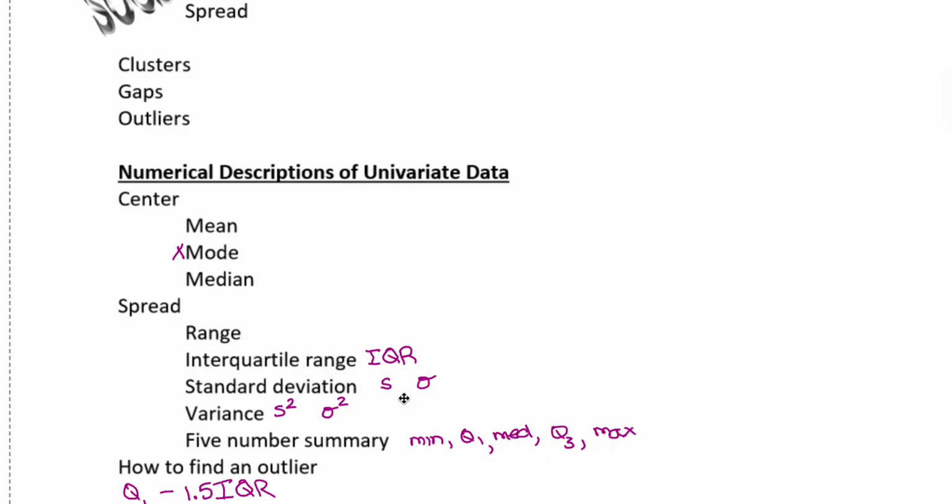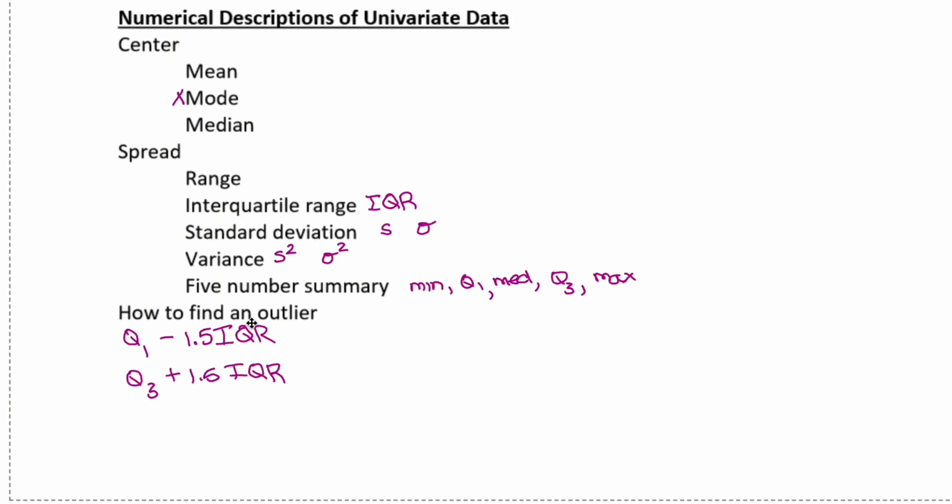And I believe S is for sample and sigma is for population. To find an outlier, you will use the fence method: for the lower fence you will use Q1 minus 1.5 times IQR. For the upper one, you will use Q3 plus 1.5 times IQR.